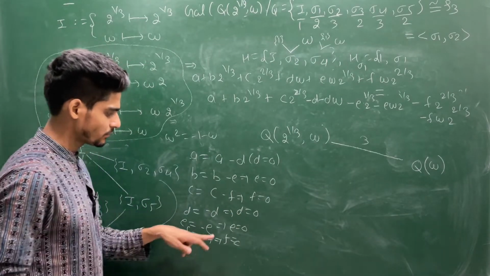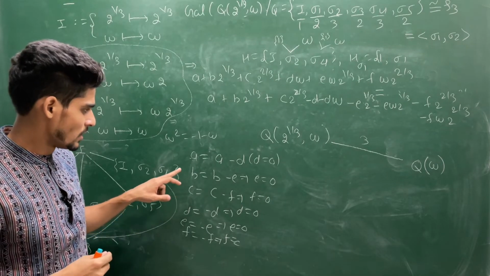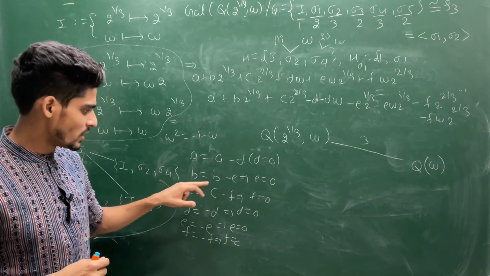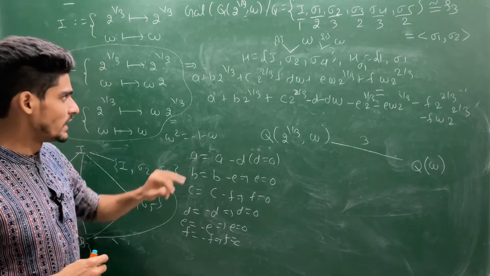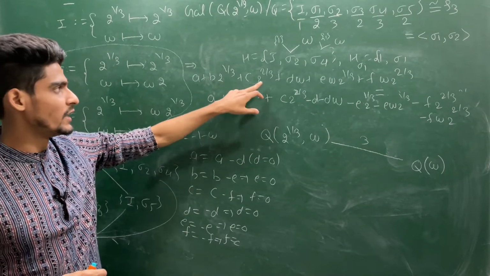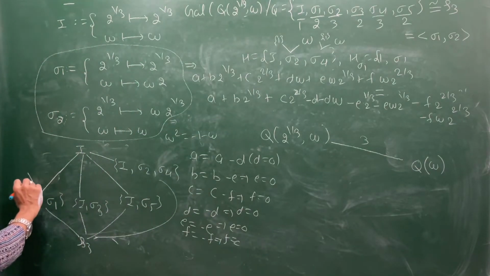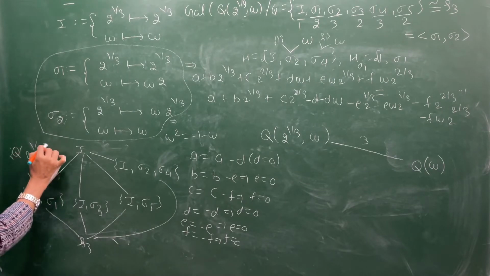That means your A may be non-zero, your B may be non-zero, your C may be non-zero. So it is fixing 2 power 1 by 3 and 2 power 2 by 3. So the subfield fixed by this will be Q adjoin 2 power 1 by 3.